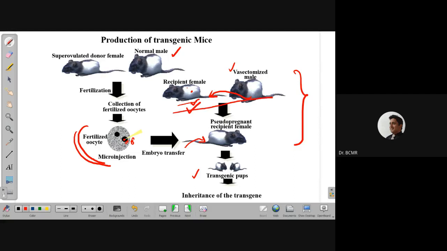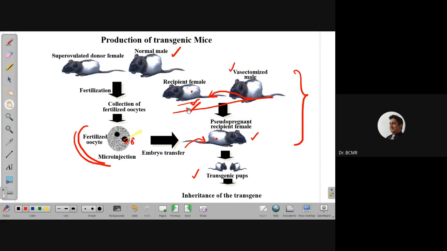If this process is not there, the female mouse cannot hold on to the embryos or eggs that we are inserting into the body. Its physiology should be manipulated or modified, so that its body senses it should hold on to the fertilized embryos.